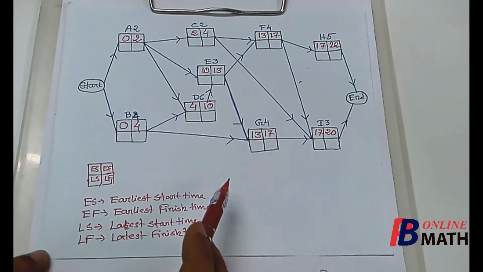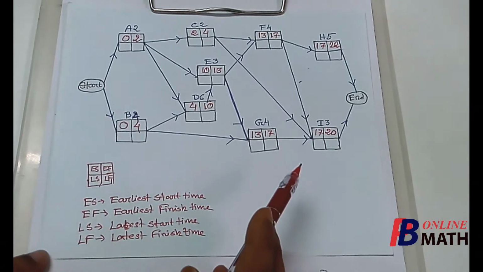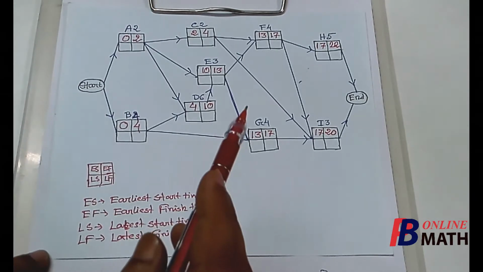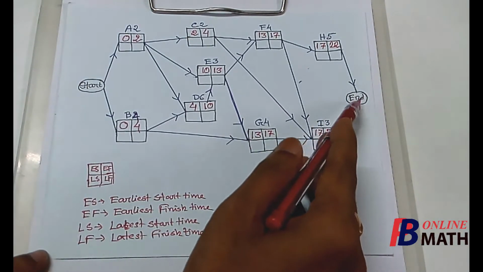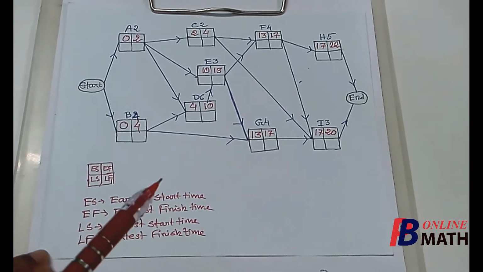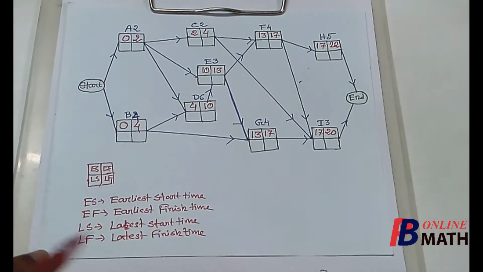Next we shall find the latest start time and latest finish time of all the activities by backward pass. That means we shall start from this node end. Before that, let us find the minimum time required to complete all the activities.